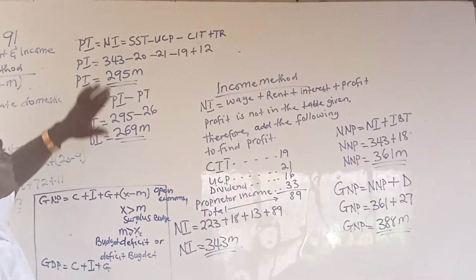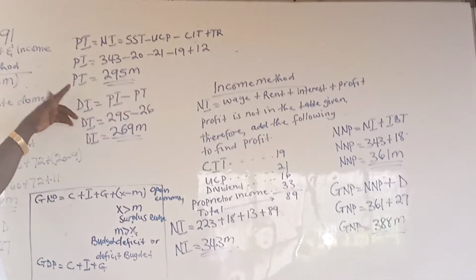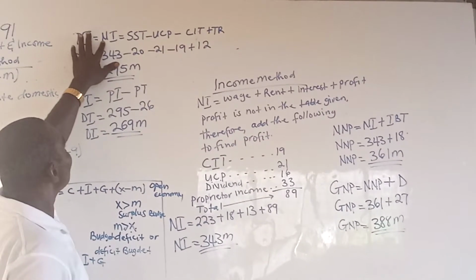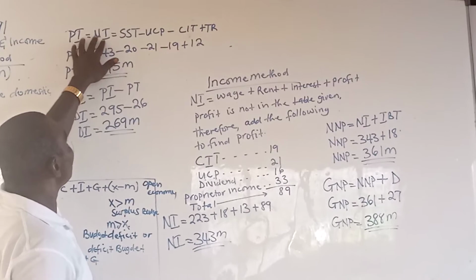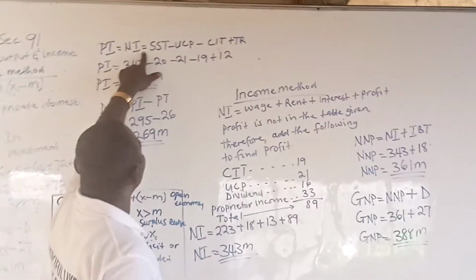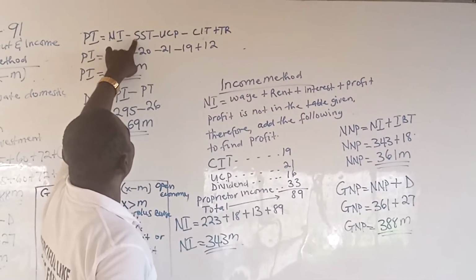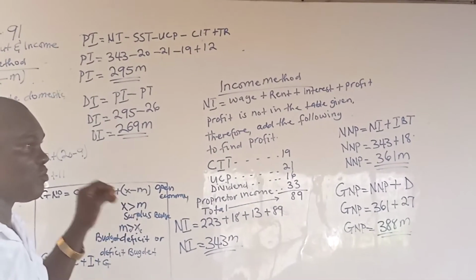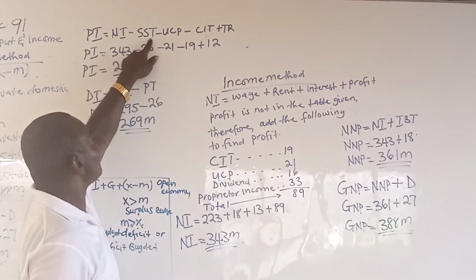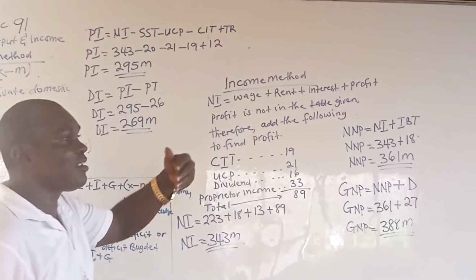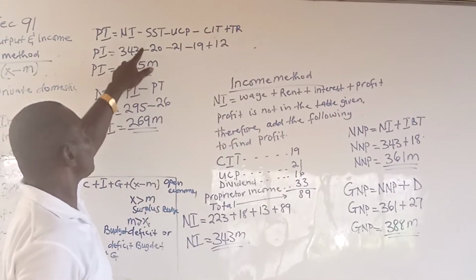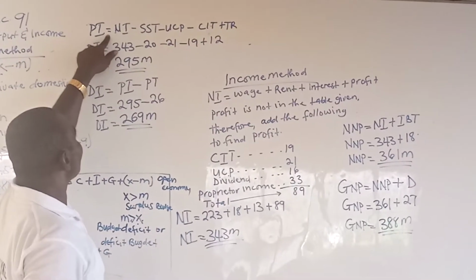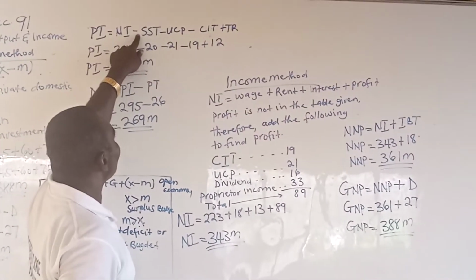From there, we're going to PR. The PR stands for personal income. Within the personal income, you have the national income, which is the NI, minus social security tax. In other words, you can say social security contribution. So in your table, sometimes you will see social security contribution and social security tax. To find the personal income, it should be equal to the NI minus the SST.